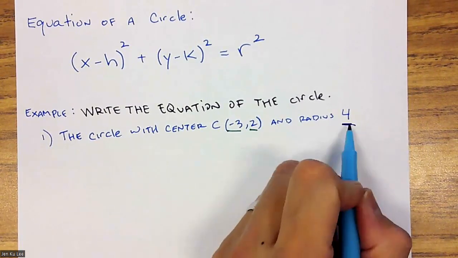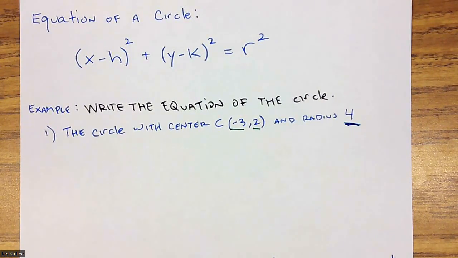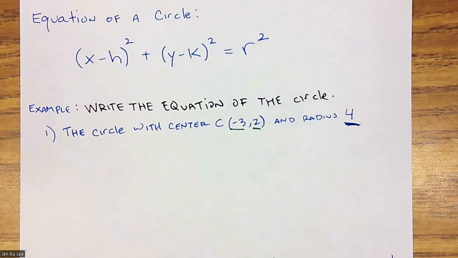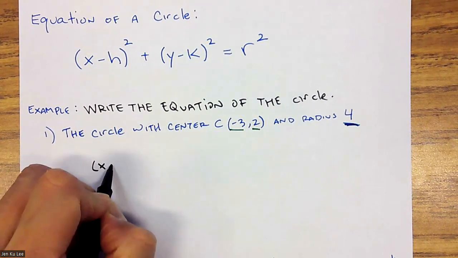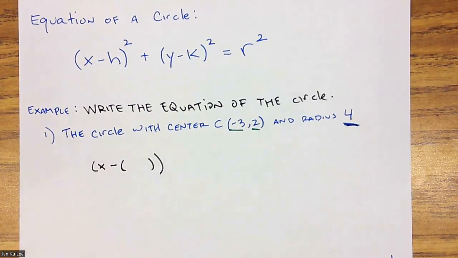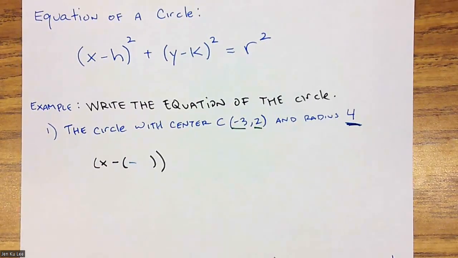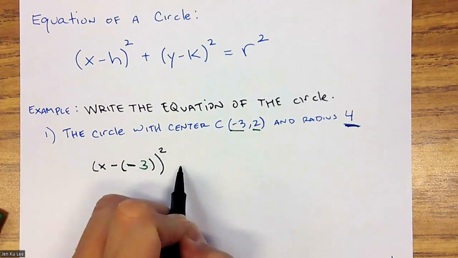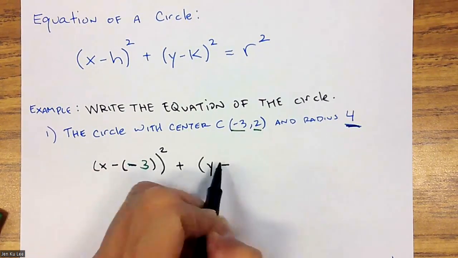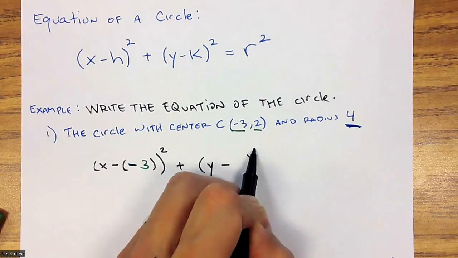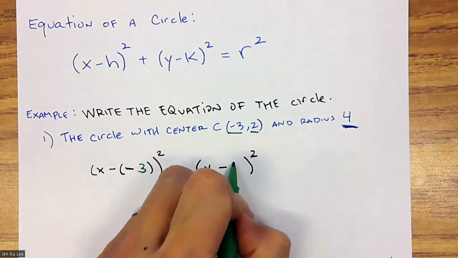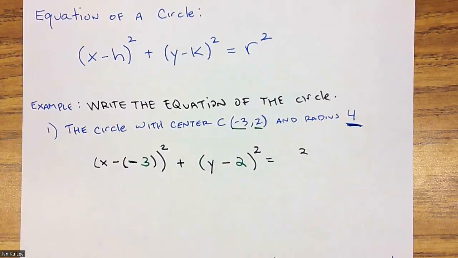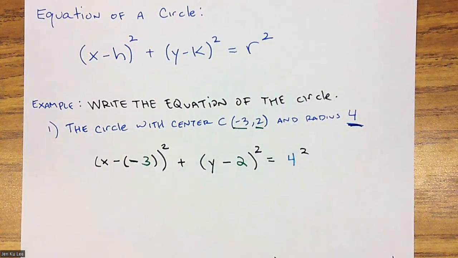So x minus h, that's going to be x minus -3, quantity squared, plus y minus 2 quantity squared, equals r squared, which is 4 squared, right?